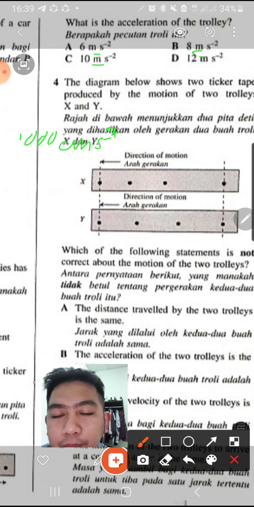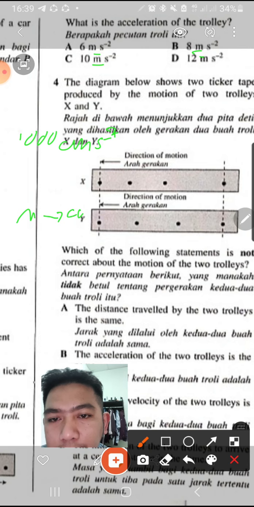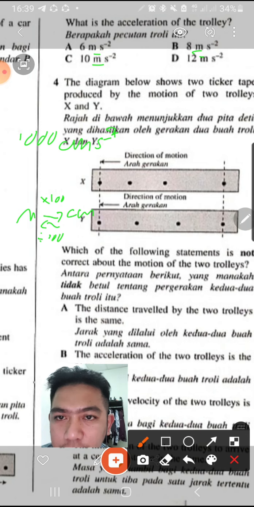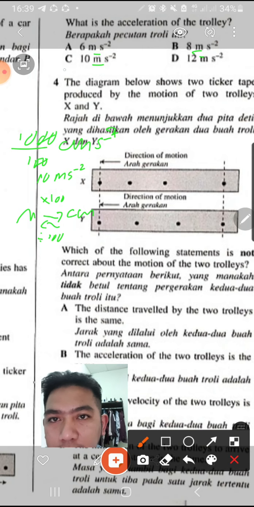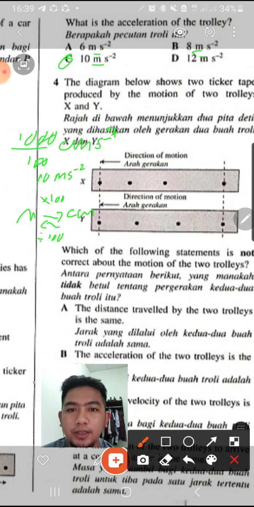So remember, meter convert to cm, you kena times 100. Kalau cm kita mau convert pergi meter, you kena divide by 100. So 1000 you divide by 100 kan. So potong ini 2 kosong. So you akan dapat 10, bukan sudah centimeter, because you sudah convert, you sudah divide by 100. So 10 meter per second square. So the answer is C.